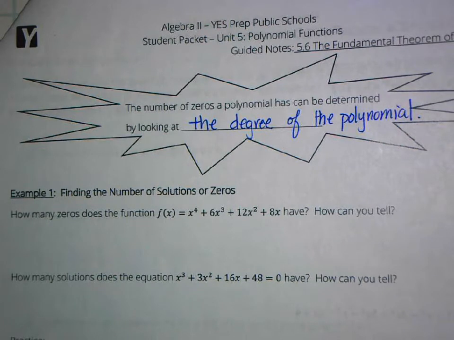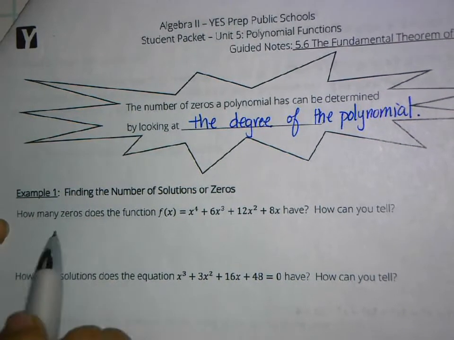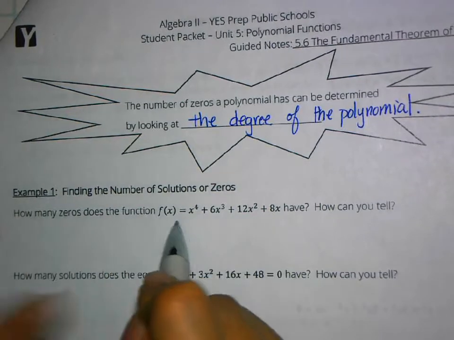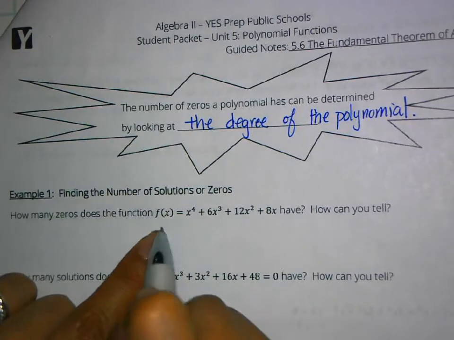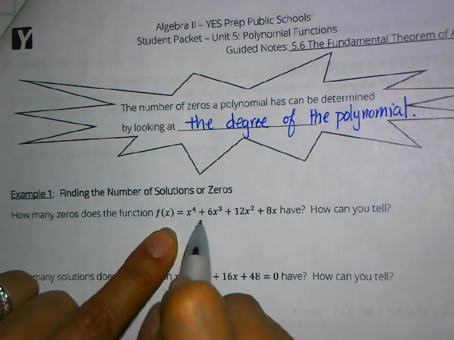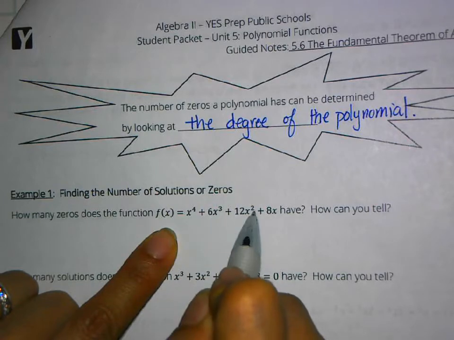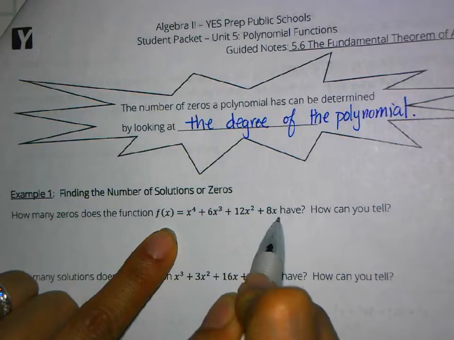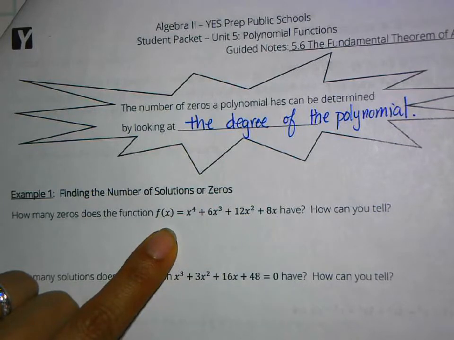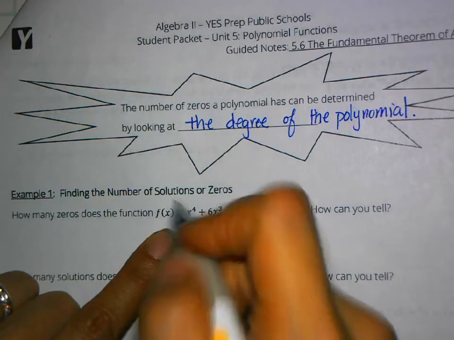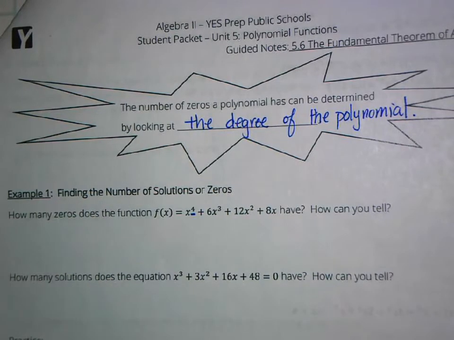So if you're trying to find how many zeros this function has, f of x equals x to the fourth plus 6x cubed plus 12x squared plus 8x, what is the biggest exponent? So what is the degree of this polynomial? The biggest exponent is 4.